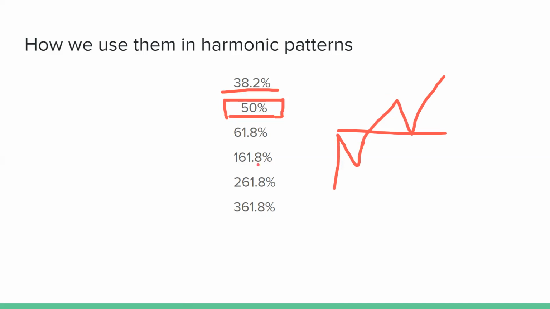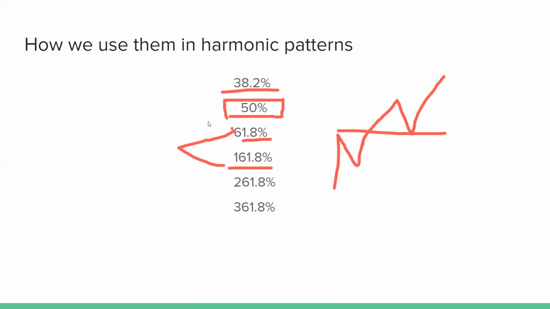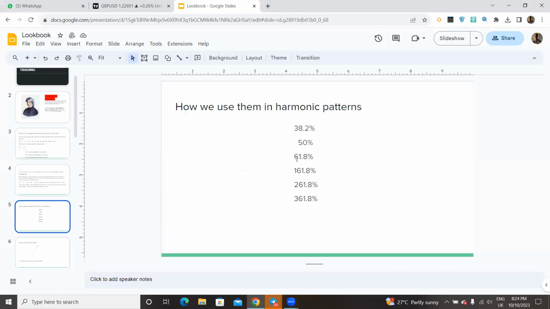Now, 61.8 and this. What happened? If you take the square root of these two numbers, what do you get? If you get the square root of 61.8 and 161.8, guess what you get?